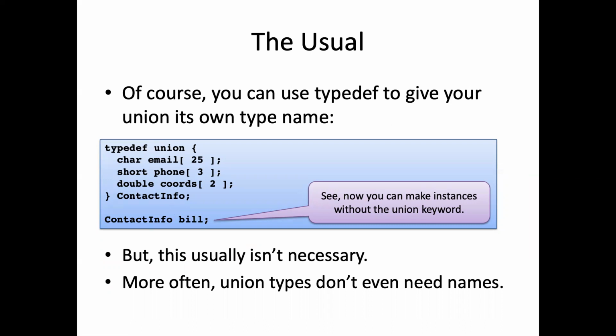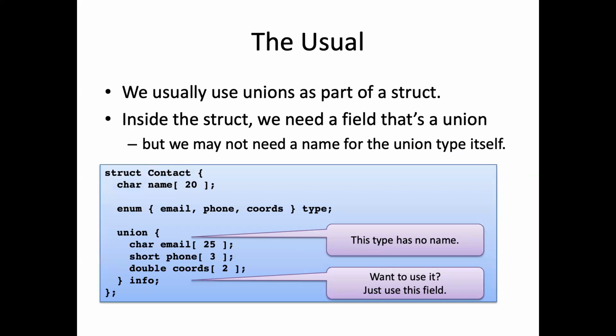When you have a union, it's almost always inside a struct. So this is showing typically how you would do what we were just doing. I've got this union. I called it info here, but I got this union. I didn't even really give its type a name.